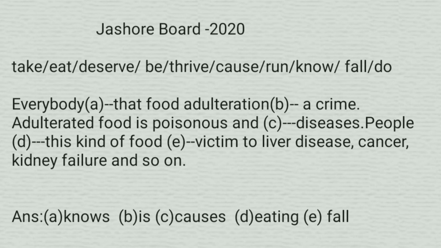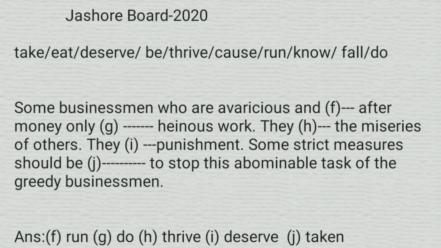People eating this kind of food. Answer of D is eating. People eating this kind of food fall victim to liver disease, cancer, kidney failure and so on. Here the answer of E is fall.